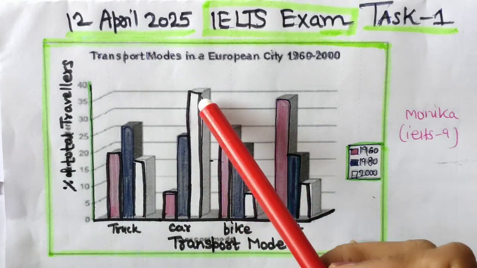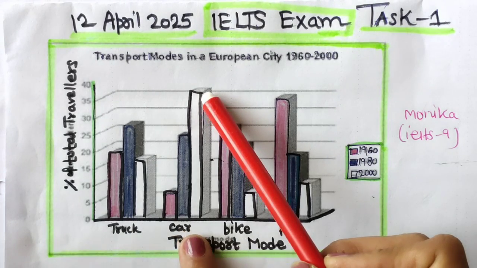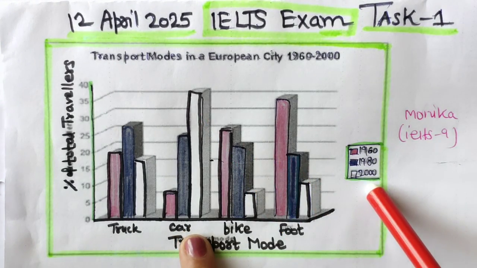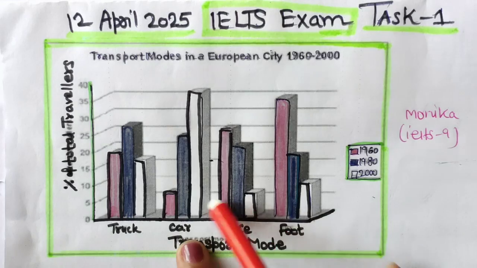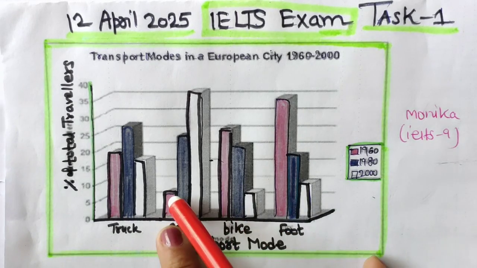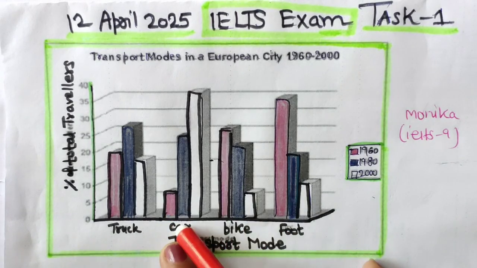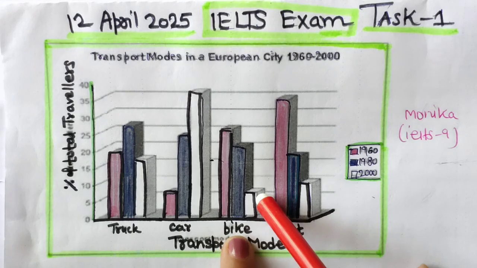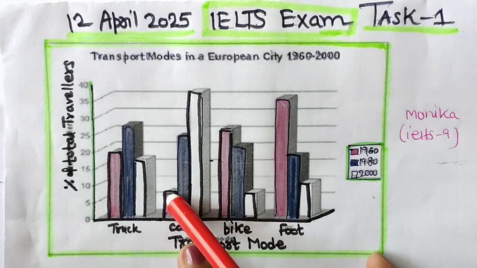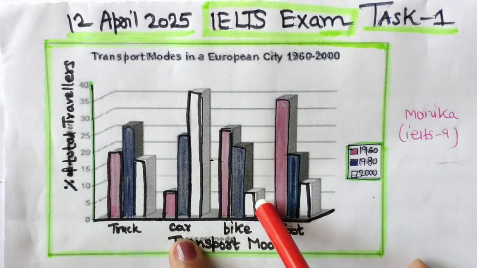So I can see the highest one here is the white one relating to car, and that is in 2000. And I can see these two things, the pink one 1960 car and then this bike, these are touching almost minimal kind of percentages.